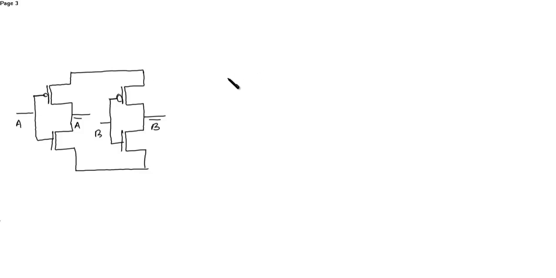So after drawing the inverter, we need two AND and one OR. For designing an AND gate, we know that the NMOS will be in series and the PMOS will be in parallel. So this is 1, 2 PMOS, they are in parallel and the NMOS is in series.